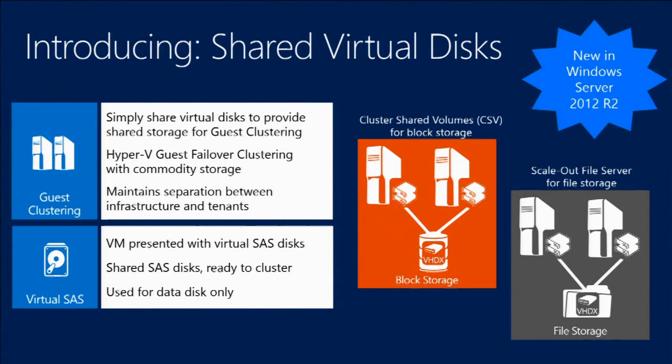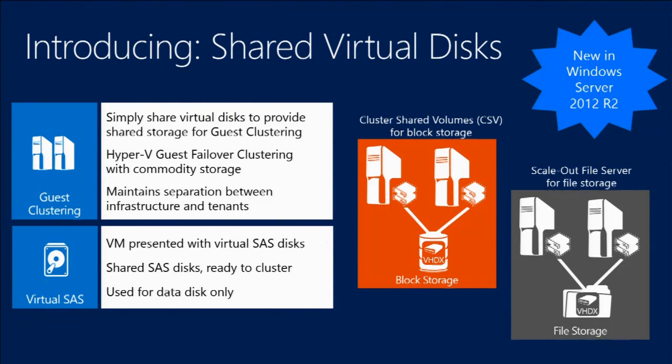So I want to make clear, what you need here is one VHD for each VM so that you can boot. So the OS VHD, by all means, is not shared, but you will have, in addition to that OS VHD, additional data VHDX files that are going to be shared, okay?